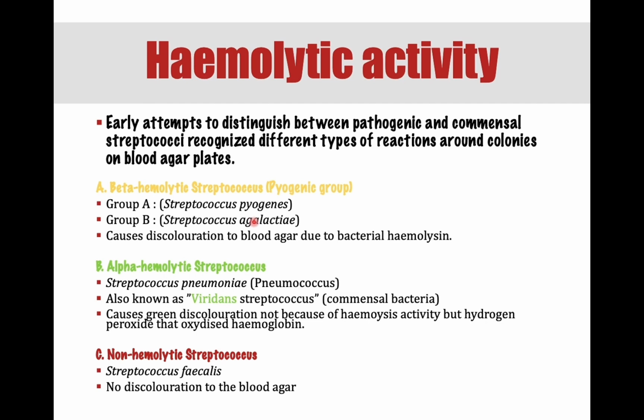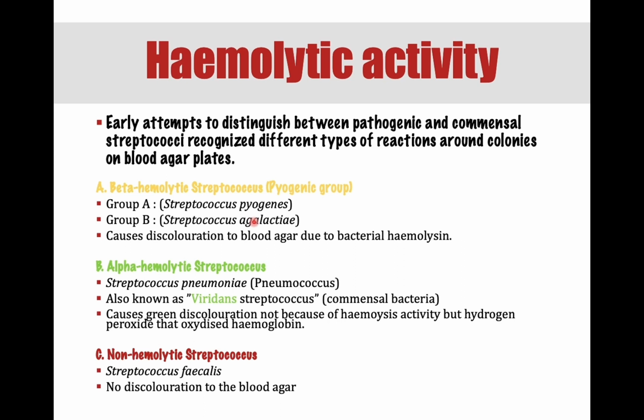I'll show you the figure later. It is usually several millimeters in diameter and caused by lysis of red blood cells in the agar medium, induced by bacterial hemolysin. So remember, beta hemolytic Streptococcus contains hemolysin.